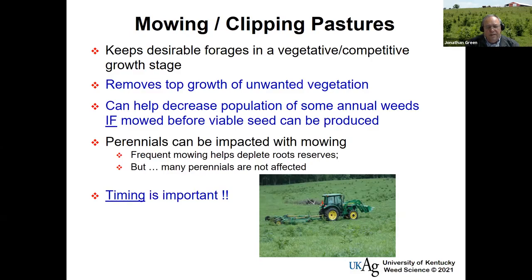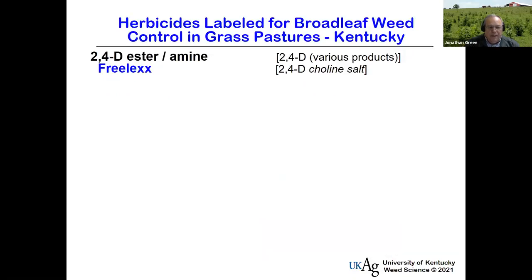But the point is depending on what weed problems are most problematic to you, selecting the right time to mow may create more dividends in the long run, although it may not be as obvious at the time we do it. But timing is important, not the fact that we do it beyond just aesthetics purposes, but we're trying to reduce the amount of new seed being produced in a lot of cases.